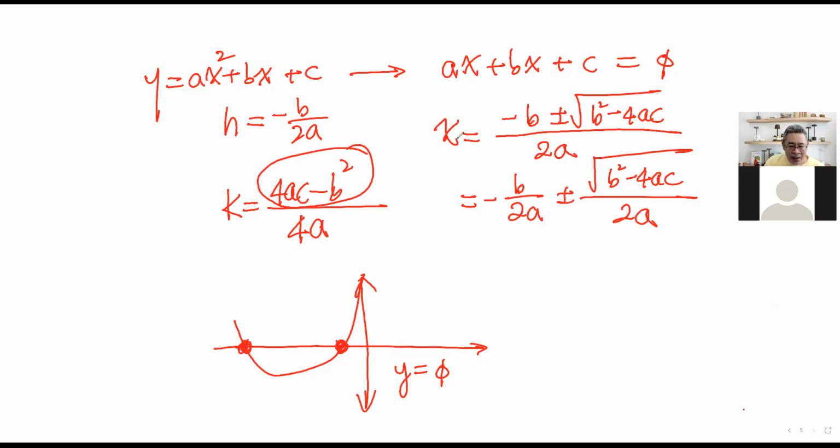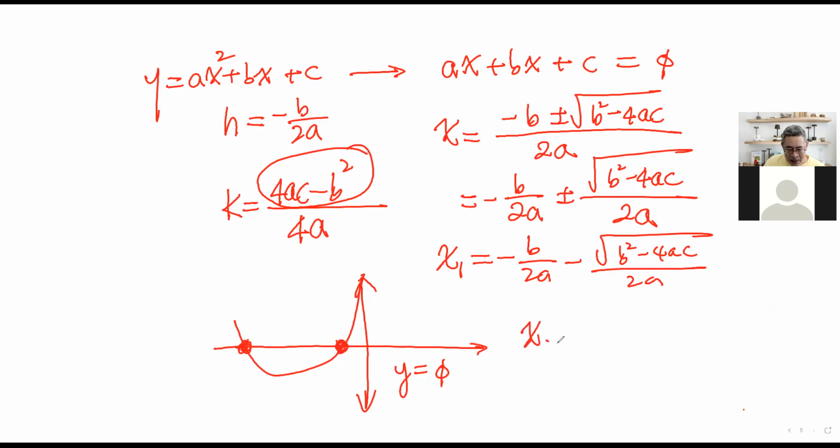You can see x1 is minus b over 2a minus the square root of b squared minus 4ac over 2a. The second point is that plus the square root of b squared minus 4ac over 2a.